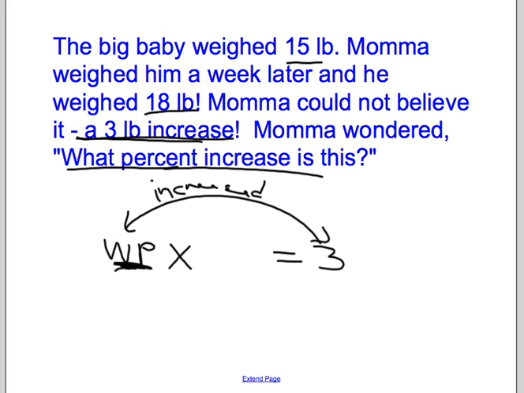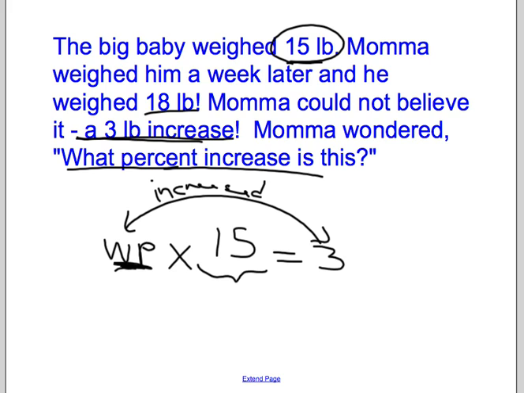The number that we're going to put in our of, remember, is the first event in time, or it's the starting number, the beginning number. What was his beginning weight in comparison to this situation? It would have to be 15. He has to be 15 pounds before he can be 18. So 15 pounds is the beginning amount, or the first event in time.